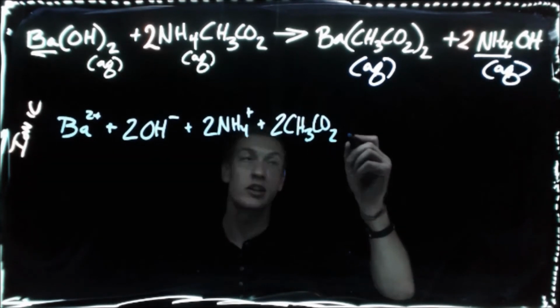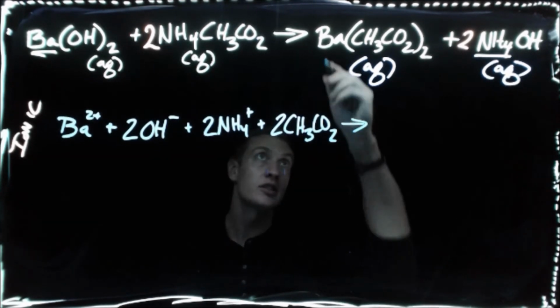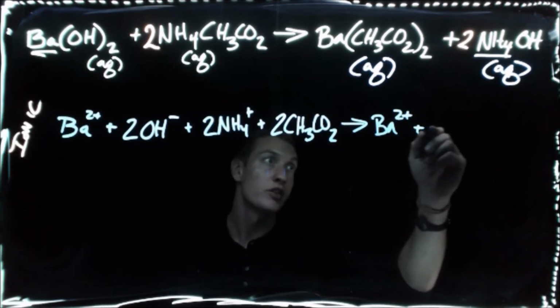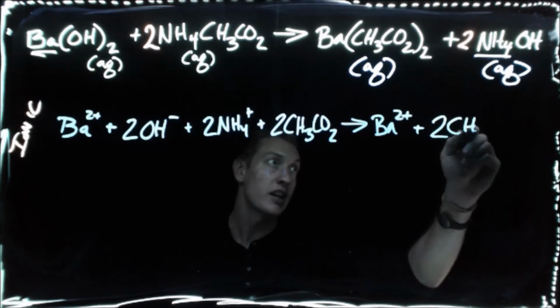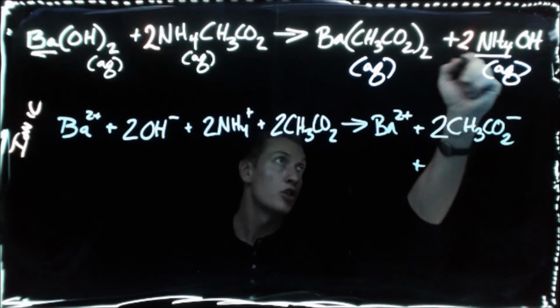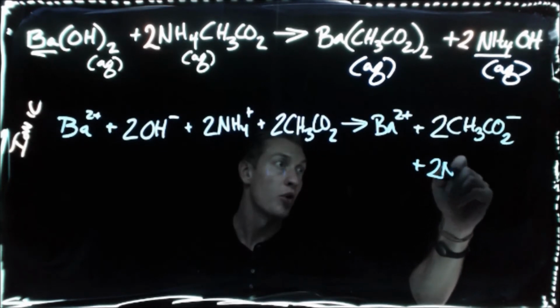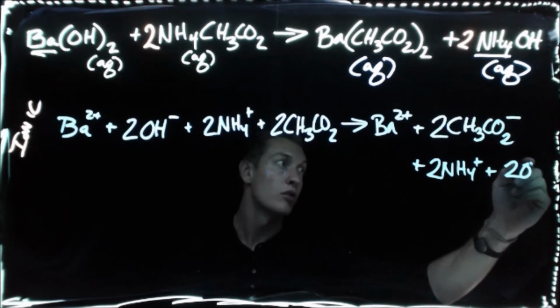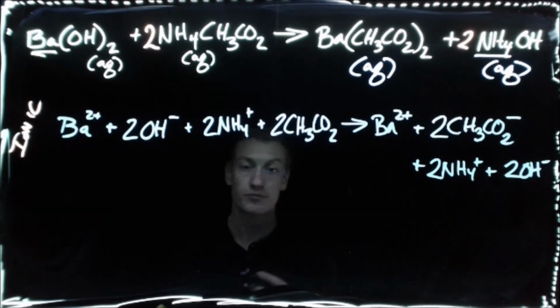I'm going to have to start writing a lot smaller. Makes a barium ion plus 2 acetate ions plus 2 ammonium ions plus 2 hydroxide ions.